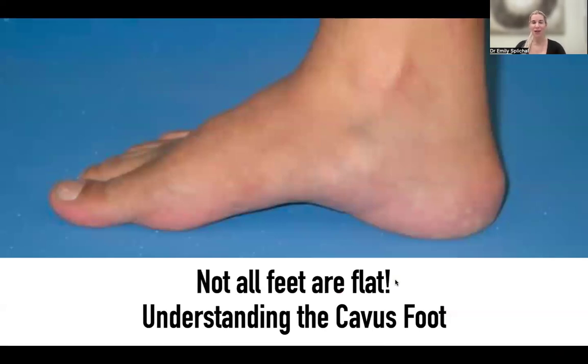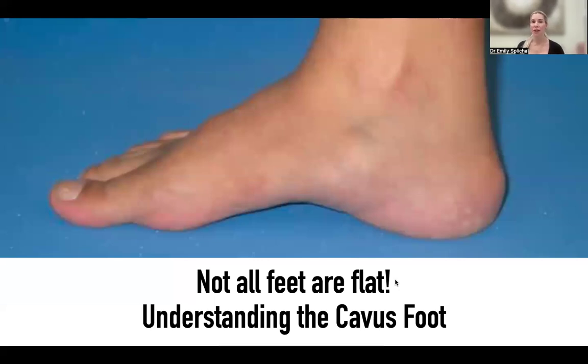Okay, so as I had already kind of warmed up the tone, not all feet are flat, and not all foot imbalances or dysfunction, you could say, fall under the overpronation, pes planus, or flat foot side of the scale.